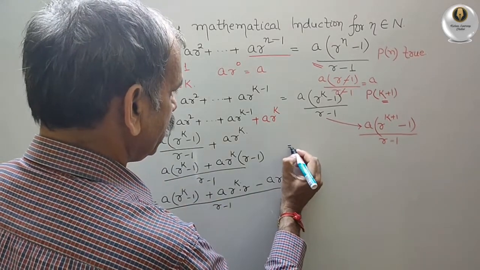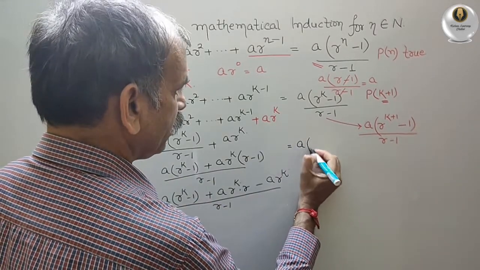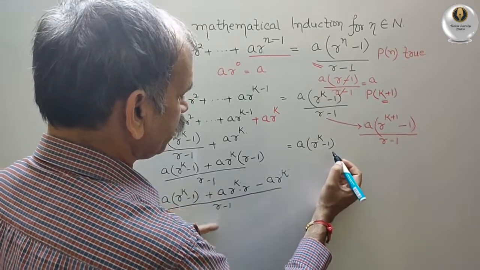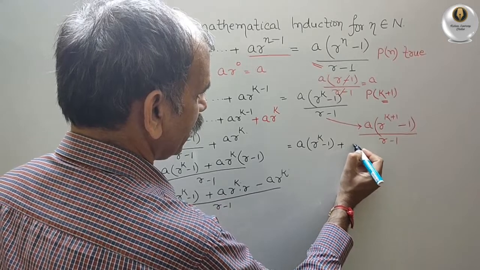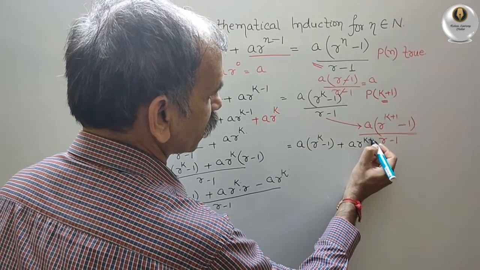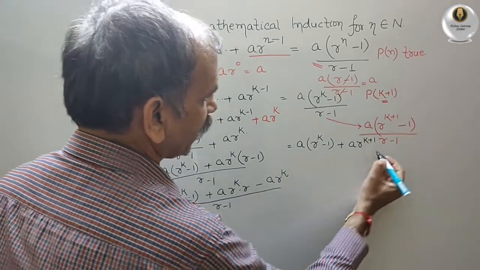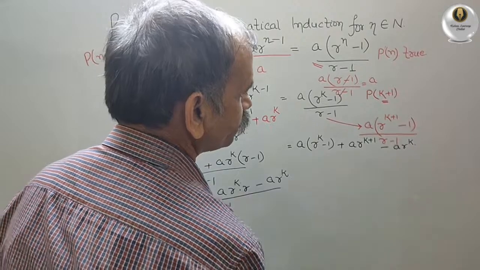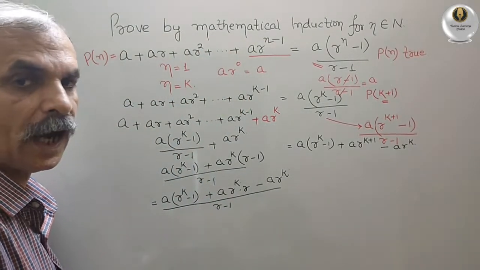So it will be a r^k minus a, and here it will be plus a r^(k plus 1) minus a r^k.